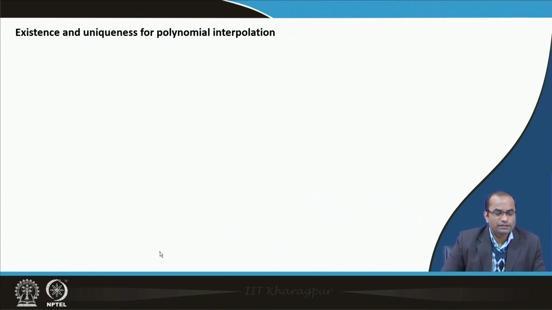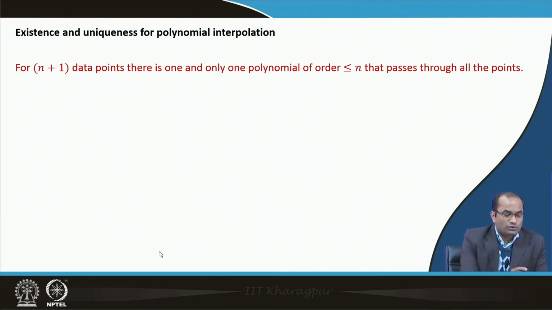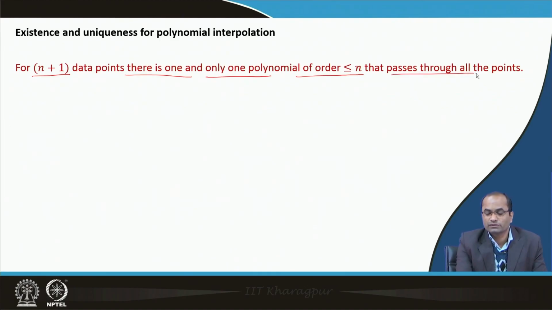So, the first question is whether, given data points, the polynomial which we want to fit is unique, and whether it is always possible to construct such a polynomial. So, for n plus 1 data points, there is one and only one polynomial of degree less than or equal to n that passes through all the points.